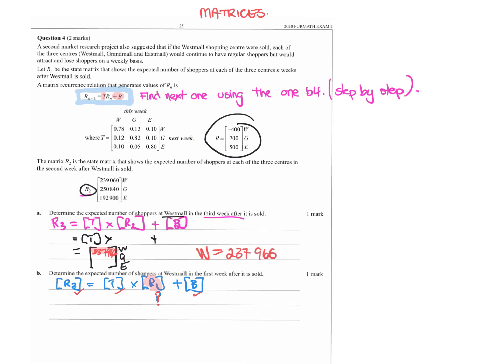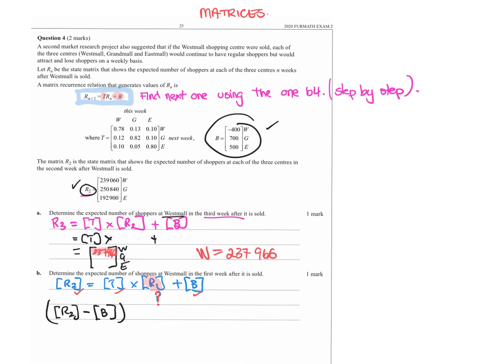So you sort of have to work backwards, and the first thing you would have done is minus the B. So you'll take the R2 and you'll minus B because you're going backwards. Okay, so R2 is there and the B is there.